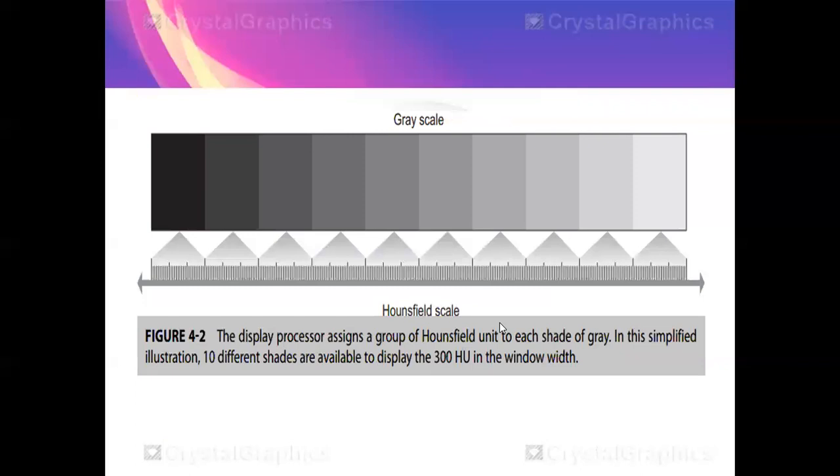In this simplified illustration, 10 different shades are available to display the 300 Hounsfield units in the window width. So kumbaga kung magkakalapit lang yung mga shades nila, i-group sila into one para sa dinami-dami ng shades of gray, 300 lang yung i-display niya. Okay? Or pwedeng i-group niya, 10 lang i-display niya. So depende sa setting.